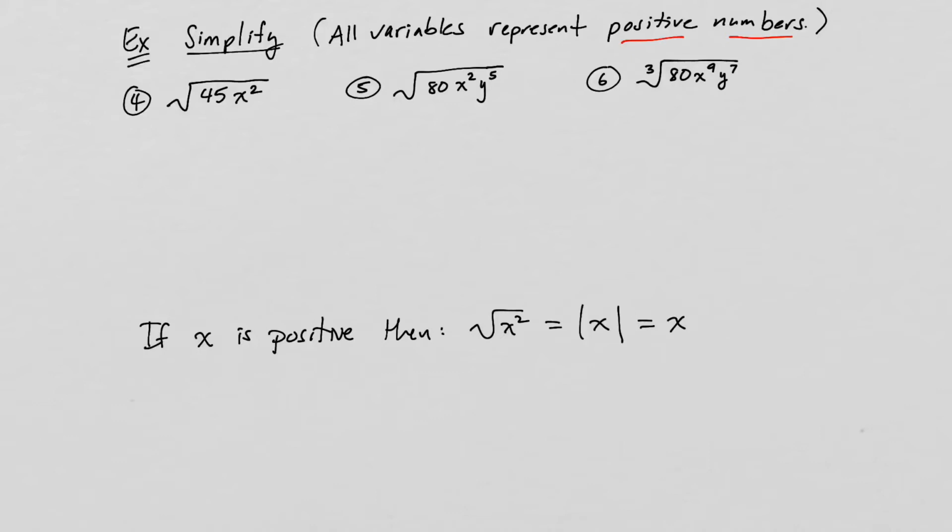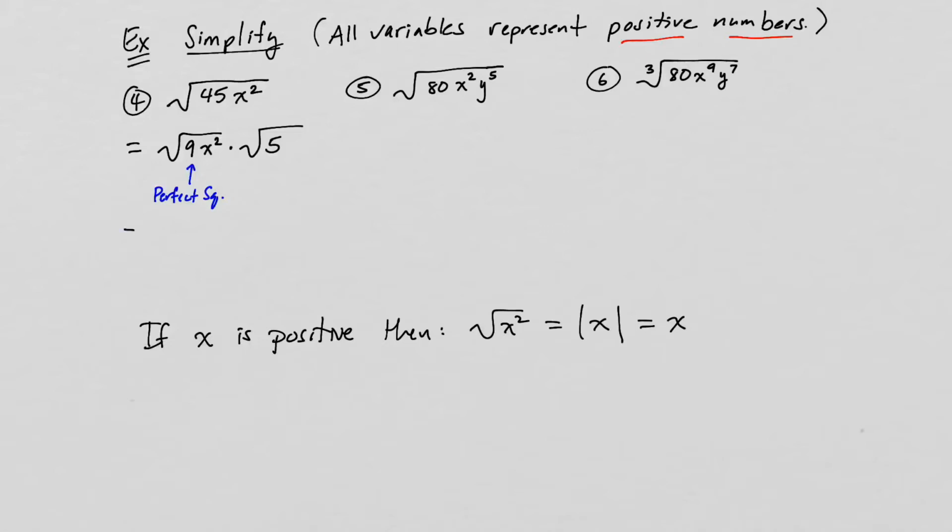So when I'm trying to simplify the square root of 45x squared, once again, I'm breaking this down into a square root times a square root, and in the first square root, I want a perfect square. Well, 45 is 9 times 5, and I'm choosing 9 because 9 is a perfect square. Now, what about x squared? Well, x squared itself is a perfect square, so we're going to put the x squared with the 9.